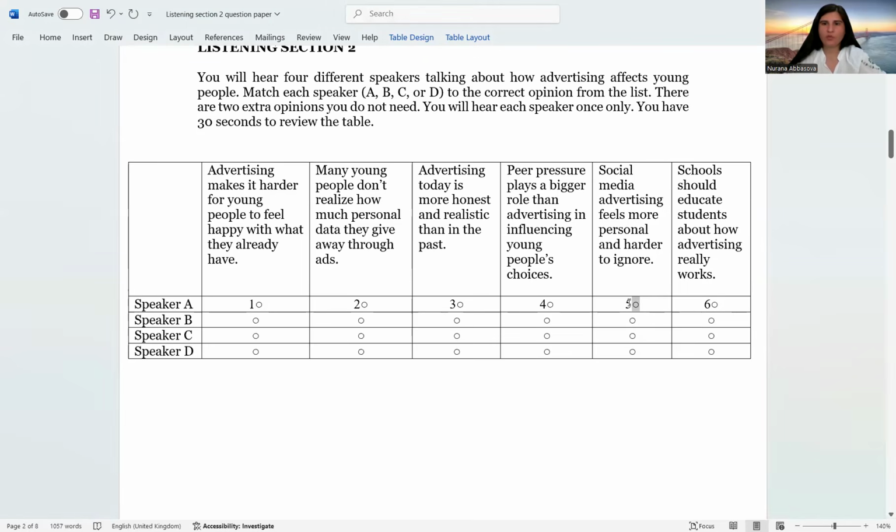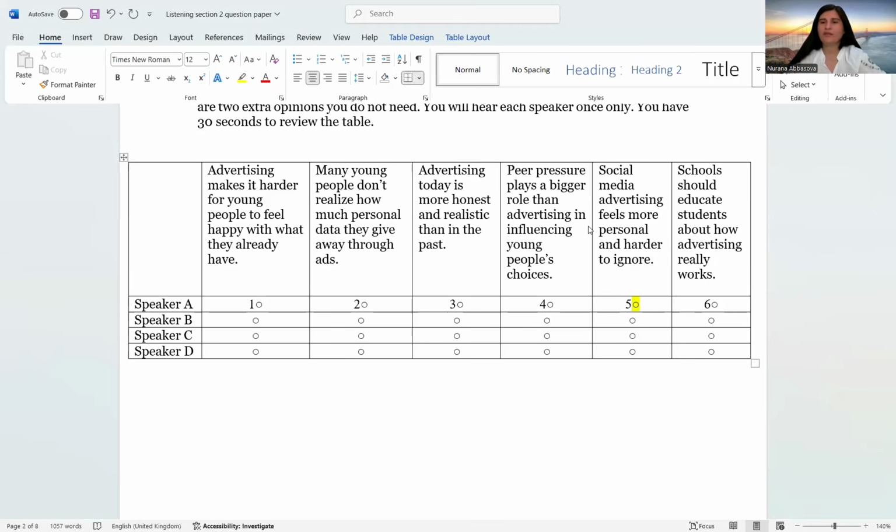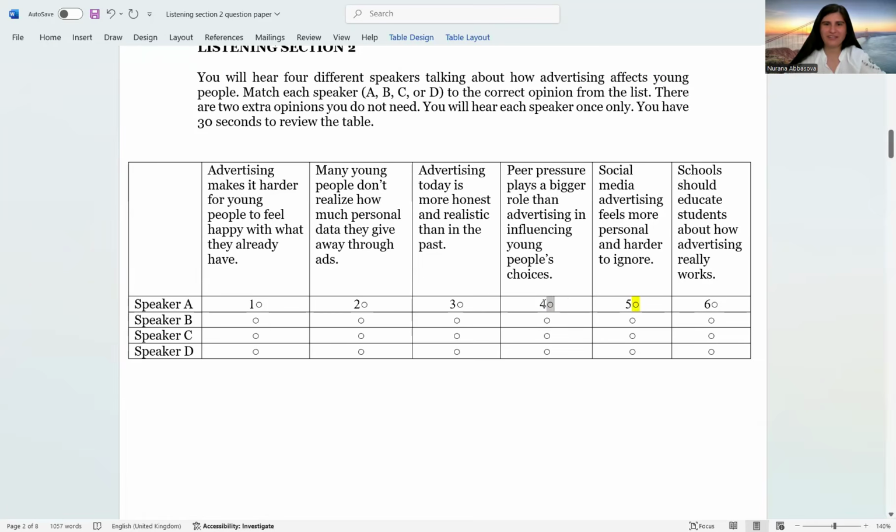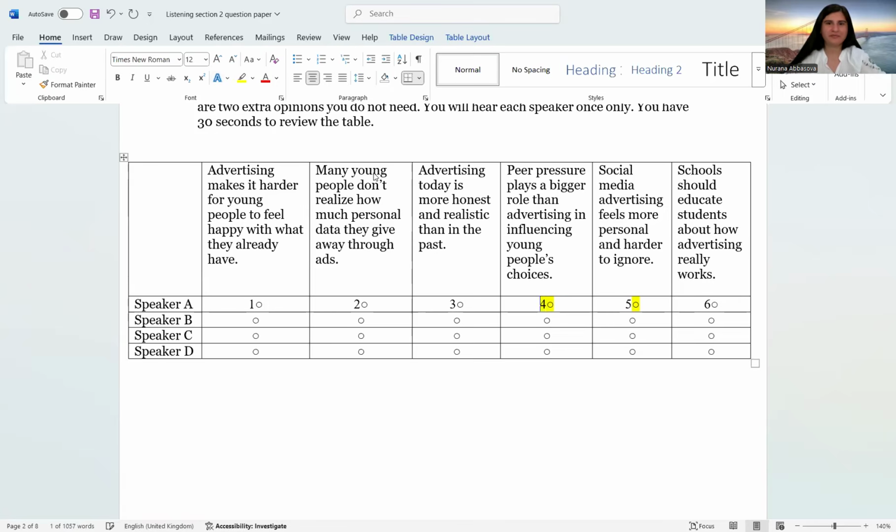Yeah, exactly. Who has written 1? Speaker A is 5. Correct. Let me also put a mark. Okay, good. Now, Speaker B, what will you say, please? Okay, good. Thank you. 4. Great. Next one, please.